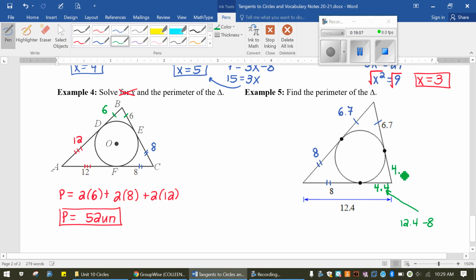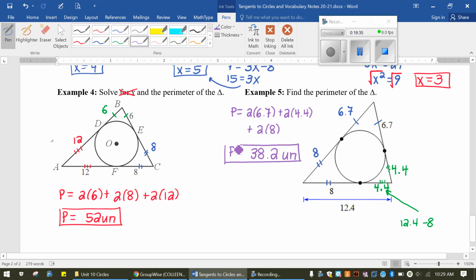And then this piece will also be 4.4. So for my perimeter, I have 2 6.7s, 2 4.4s, and 2 8s. So this perimeter would be 38.2, and then put your label on there of units.